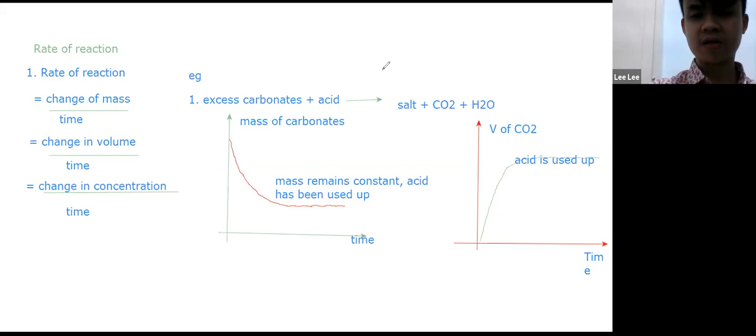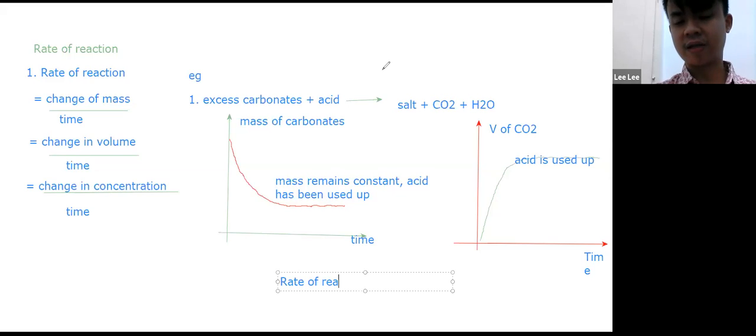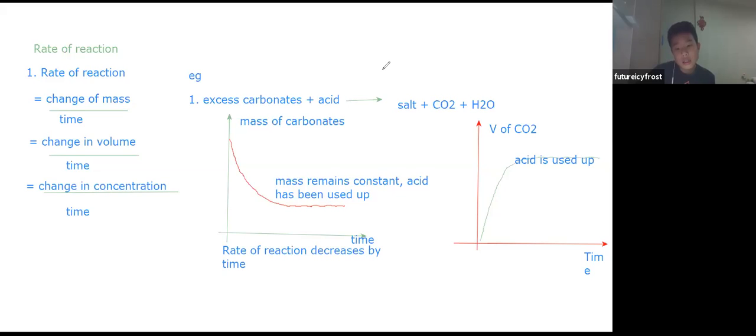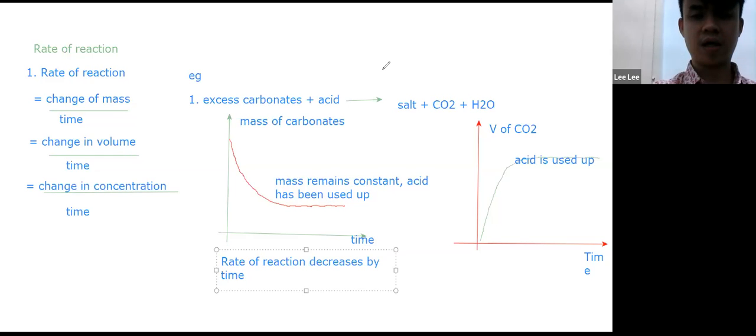And then what do you observe about the rate? The rate of reaction decreases with time, right? Can I explain why the rate of reaction decreases with time? Because there is less concentration of acid to react with. So yes, there are several reasons.